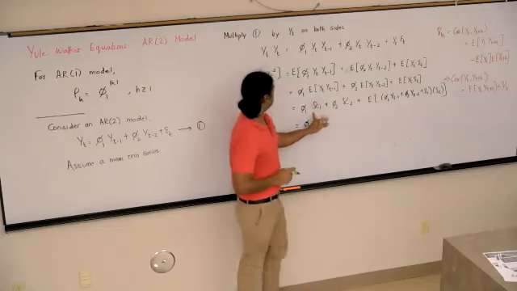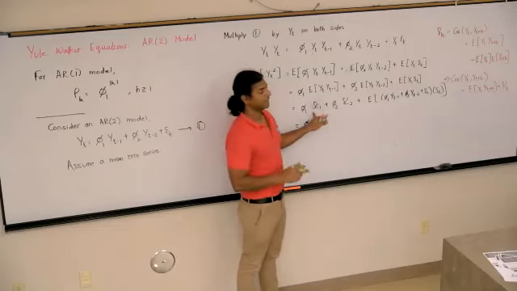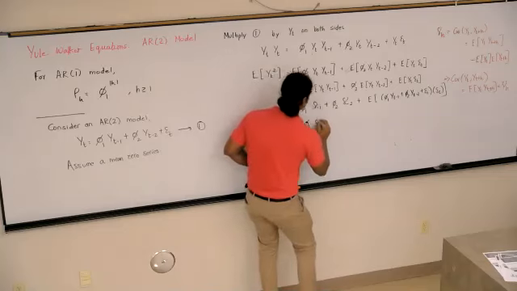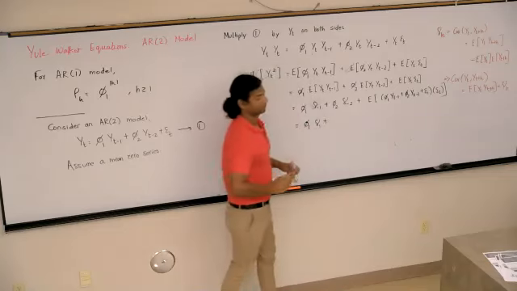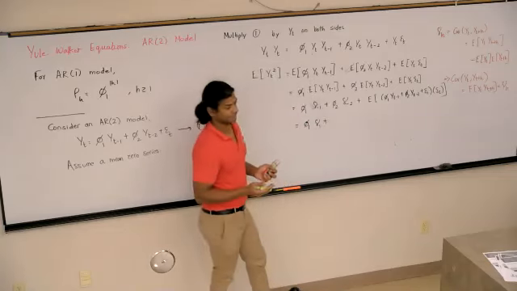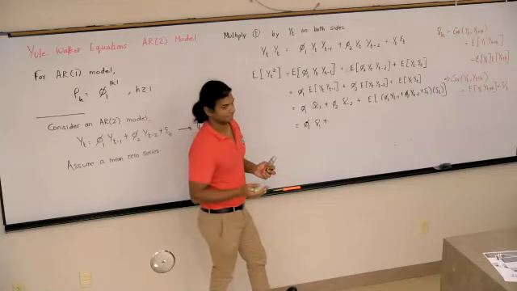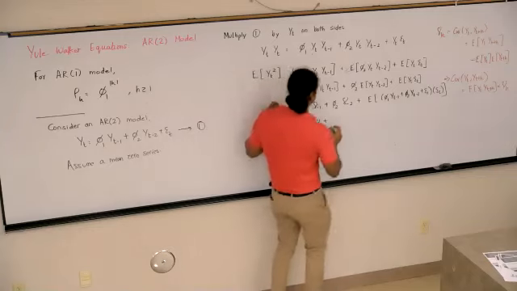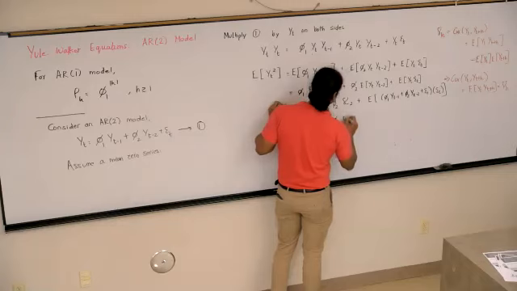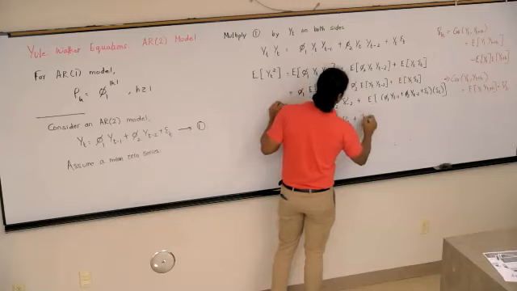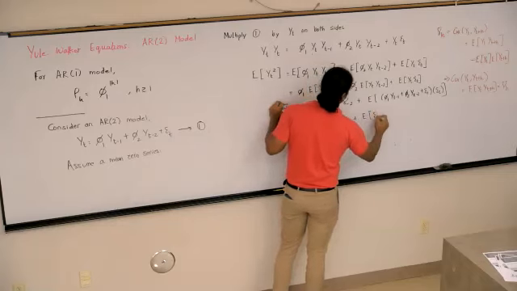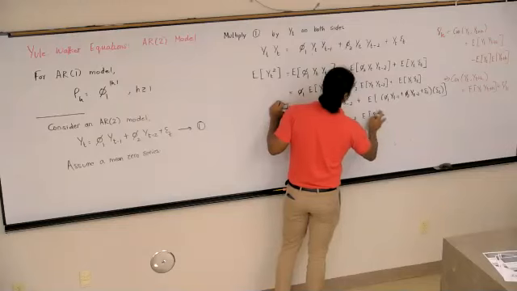Here I'm going to write gamma minus 1 as gamma 1, because it's the same thing. Same with gamma minus 2 as gamma 2. Last term, epsilon t squared.